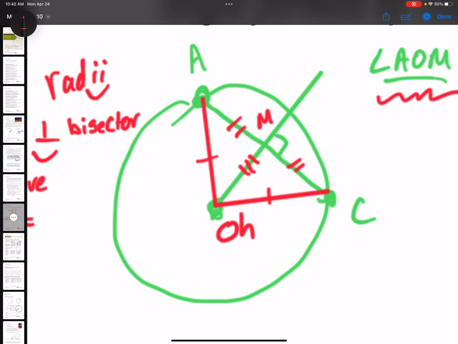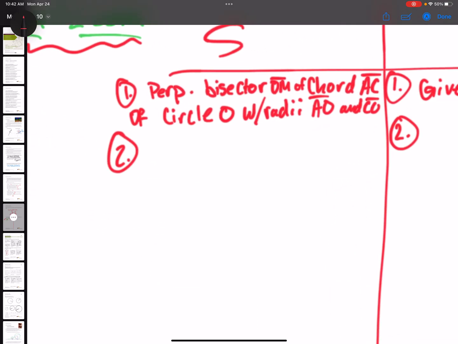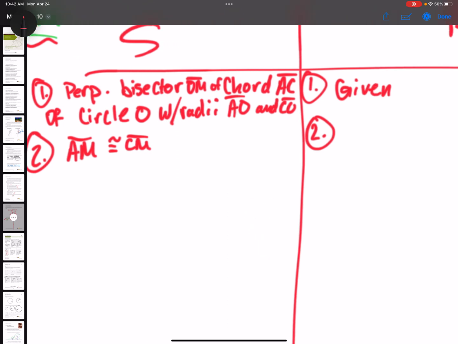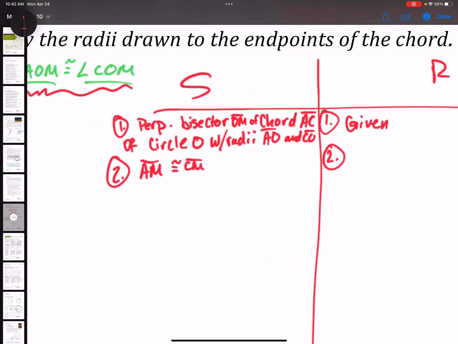AM is perpendicular to CM? Or congruent? Yes, congruent. Good. So AM is congruent to CM. Why can we say that?